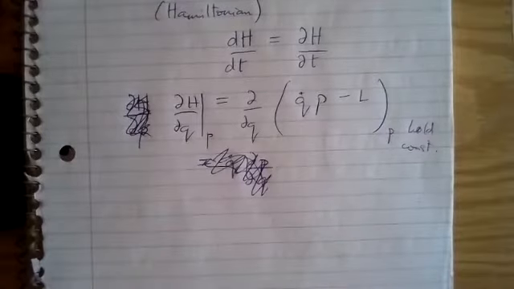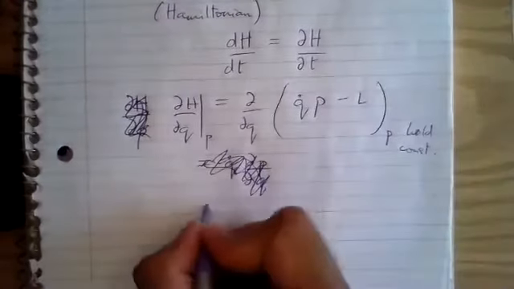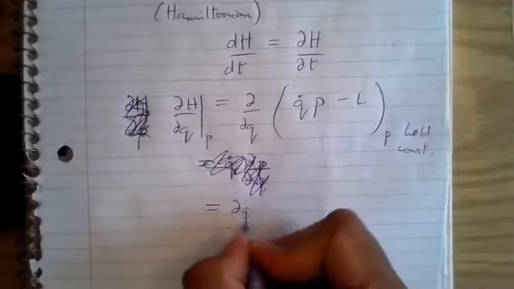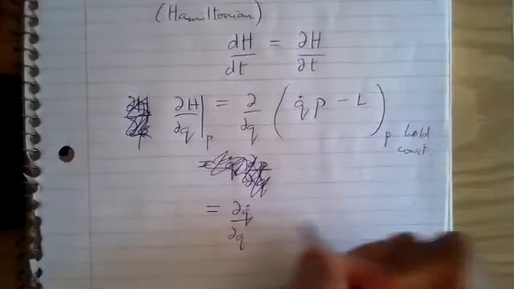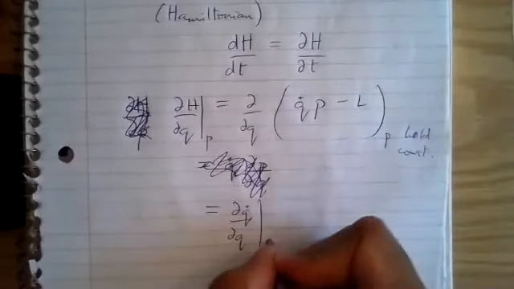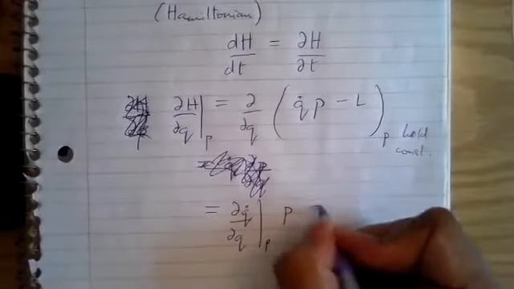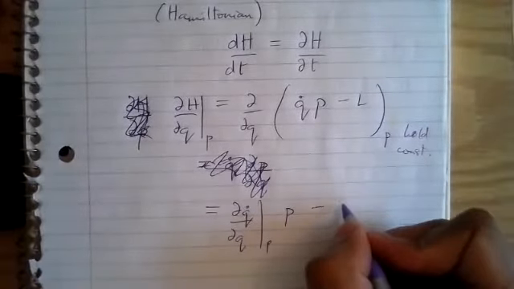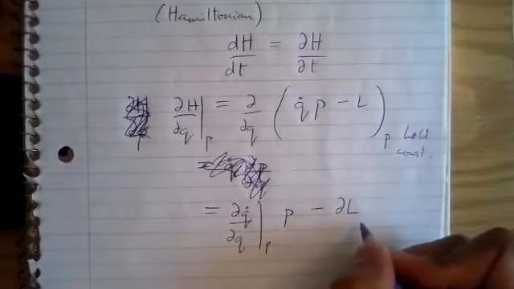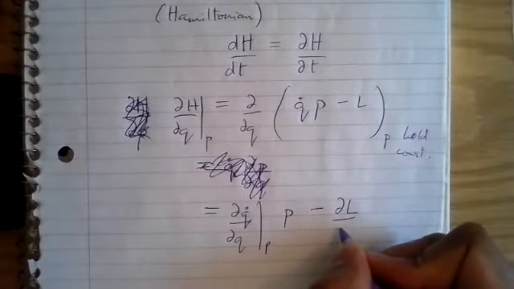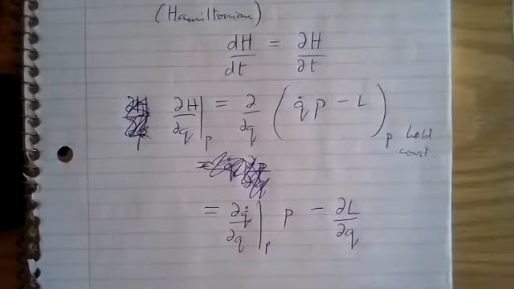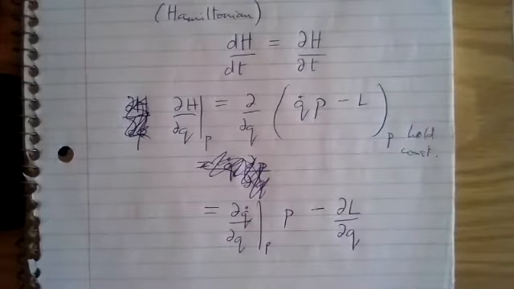And okay, so what do we end up with then? Holding p constant times p minus, we have partial L partial q.